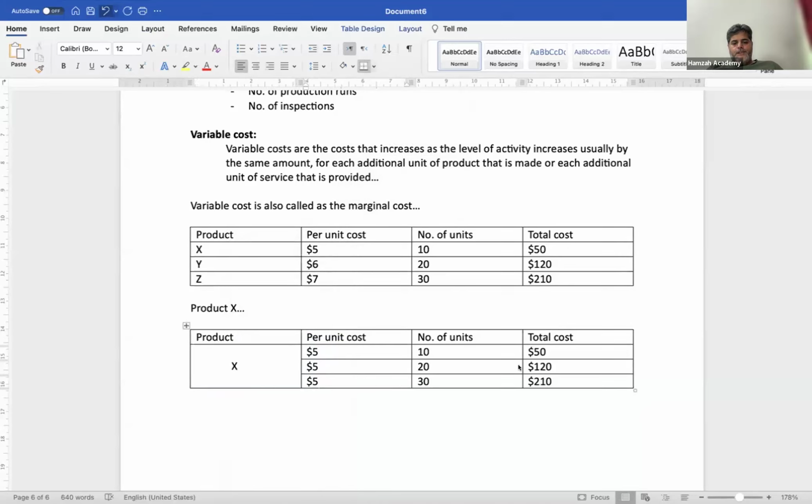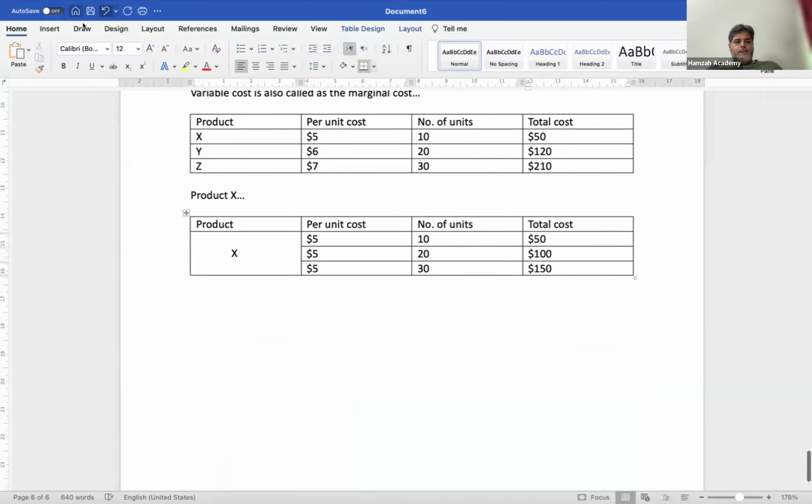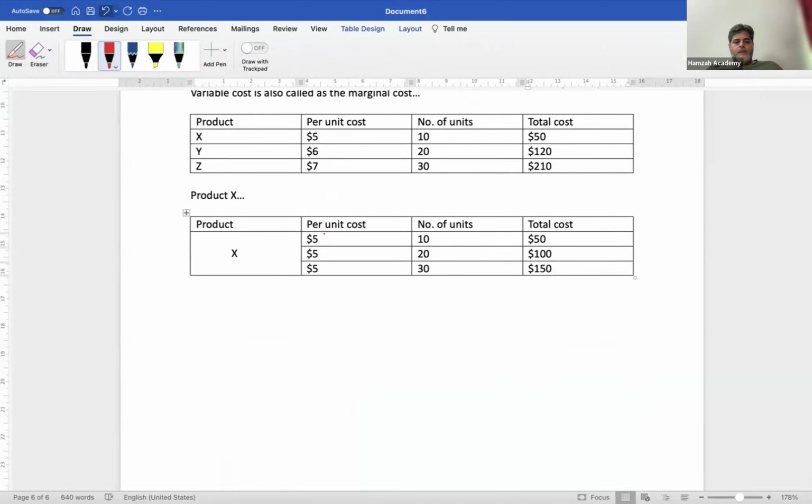Now we have the number of units at 10, 20, 30. So over here, this is going to be 50. Over here, it's going to be 100. And over here, this is going to be 150. So basically, this per unit and this total cost.